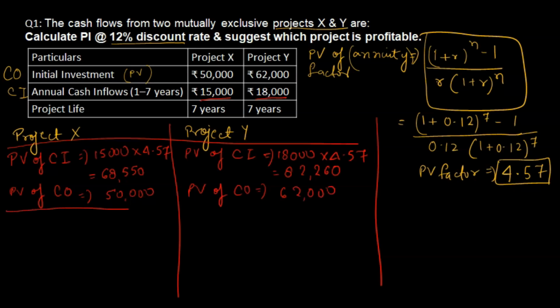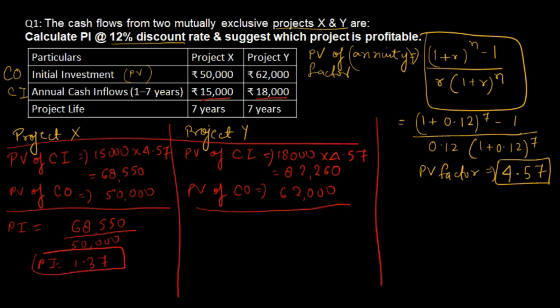So let's find it one by one. For project X, the PI formula is present value of cash inflows divided by present value of cash outflows. So inflow 68,550 divided by 50,000, and we will get a PI of 1.37, correct?